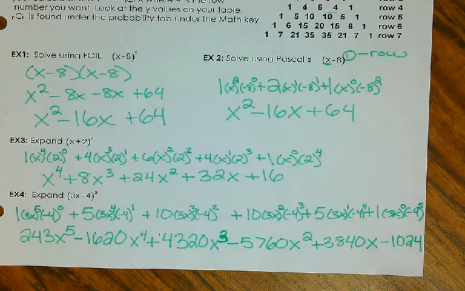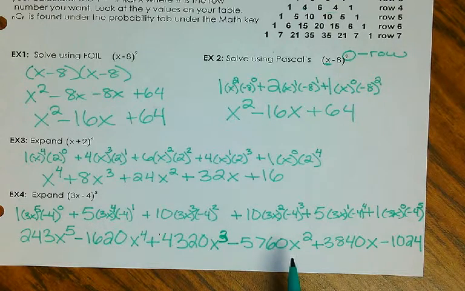Keep in mind that I can ask you multiple questions on the test. Maybe on the test it says something like, sorry, the bell's ringing. Maybe on the test it says something like, what is the coefficient on the x squared term? So if I said, what's the coefficient on the x squared term, you would have to find the x squared term and say the answer there would be negative 5,760.